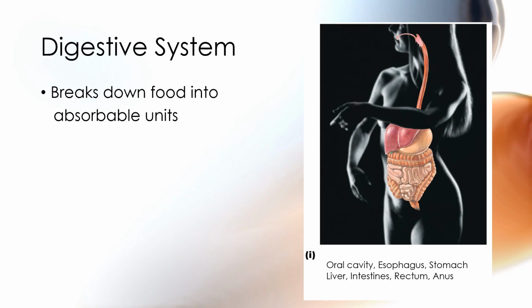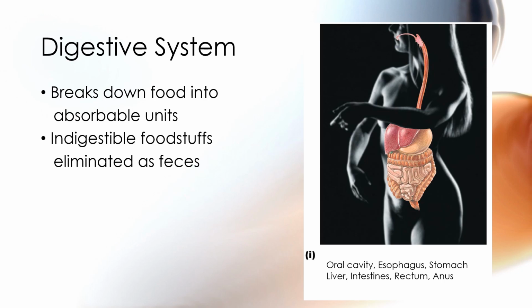Into absorbable units that can go into the bloodstream and that our tissues and our cells can use as energy, right? Sugar, that's the big thing, right? And anything that we can't absorb, or we call indigestible foodstuffs, we eliminate as feces, right? So we eat what we want, we utilize what we need, and we eliminate what we can't use, okay?